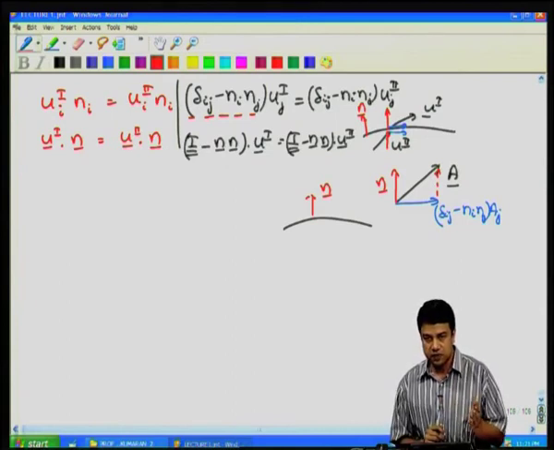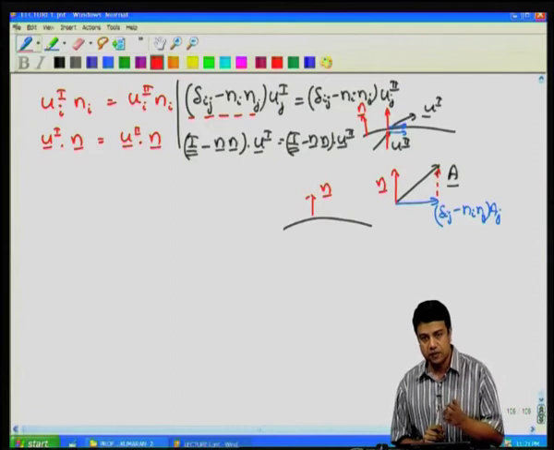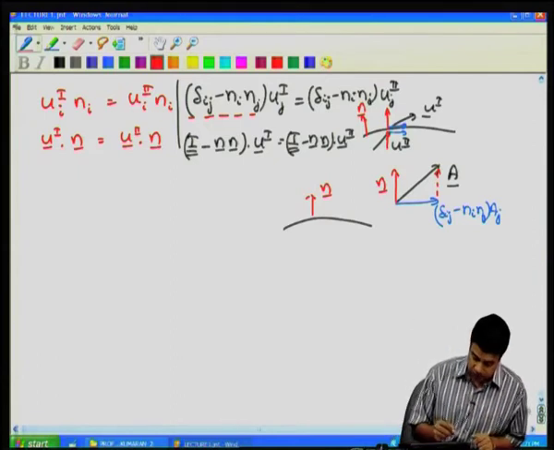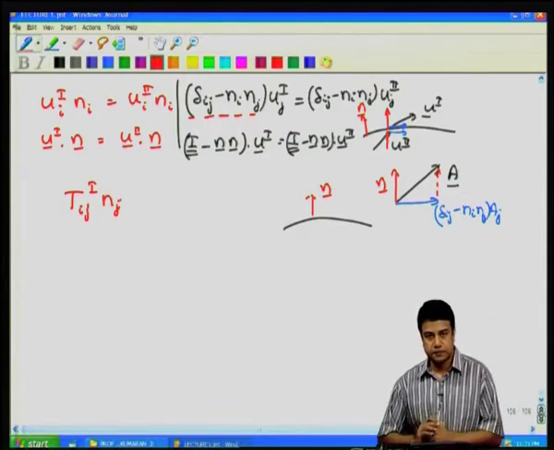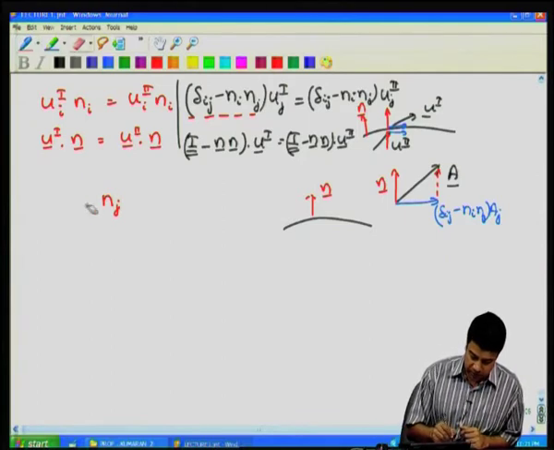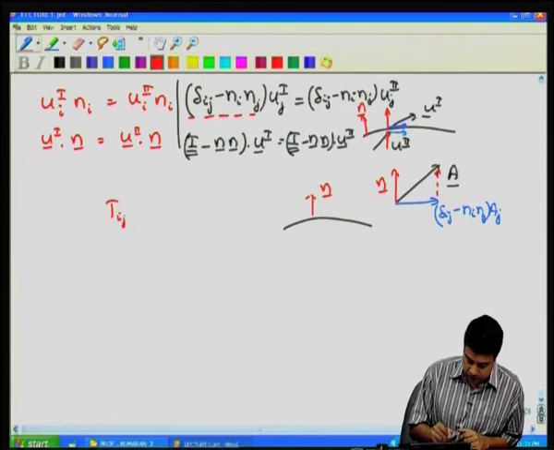So, the force per unit area in fluid 1 is equal to T_ij^(1) times n_j. And we said that the tangential component of the force per unit area in fluid 1 has to be exactly the same as the tangential component of the force per unit area in fluid 2.